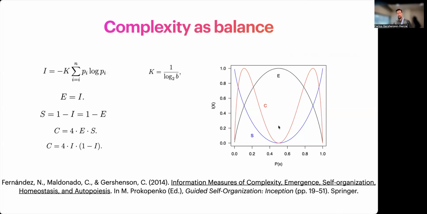As we see in this plot, the black curve would be emergence, which is Shannon information. It's a parabola. And then self-organization, the blue curve, is just flipping it upside down. And then their multiplication is the red curve, complexity, which has 2 maxima. So basically, when you have a balance between emergence and self-organization, complexity is maximum.